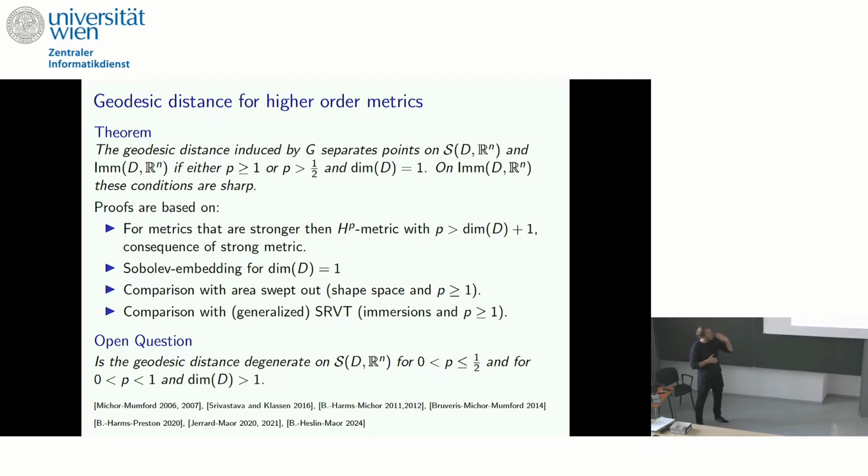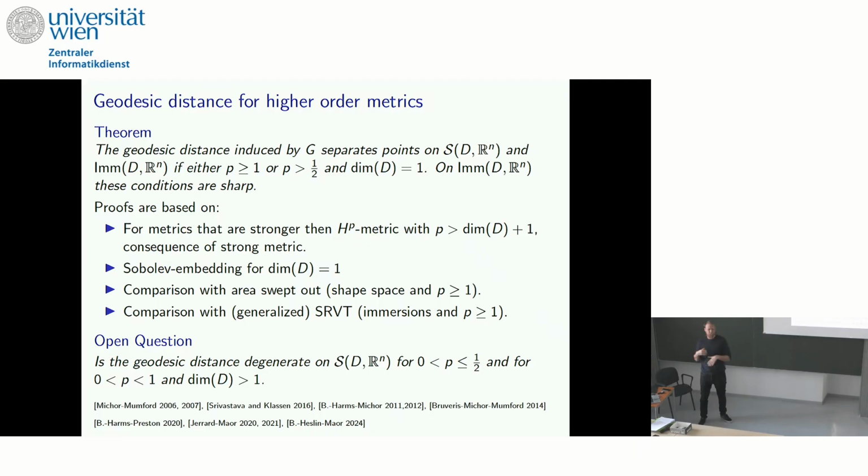One thing that is kind of nice: if your metric is really high, if the order is really high, then you can indeed interpret this as a strong Riemannian metric on some Sobolev completion, and then you get a lot of things for free, including that the geodesic distance is well-defined. In dimension 1, the proof is just based on the Sobolev embedding theorem, and you need order 1/2 for this.